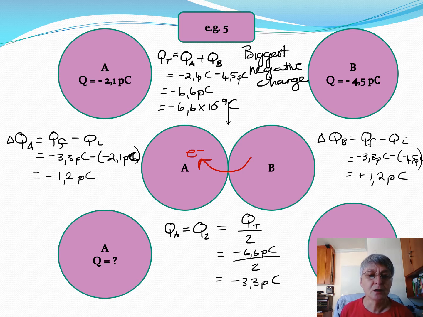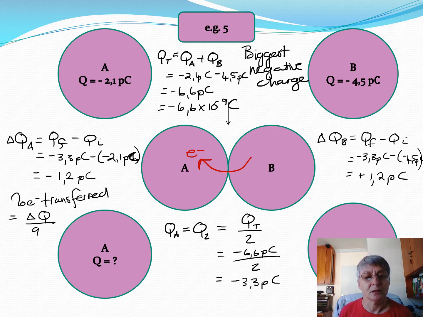The next thing we need to do is to calculate the number of electrons transferred. That would be the change in charge, and I'm going to use A's values, divided by the charge on the electron. So the change in charge is negative 1.2, and a picocoulomb is 10 to the minus 9.